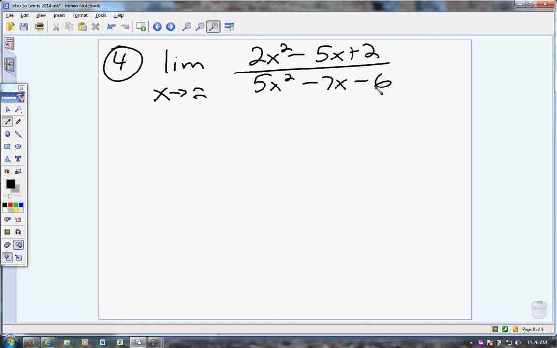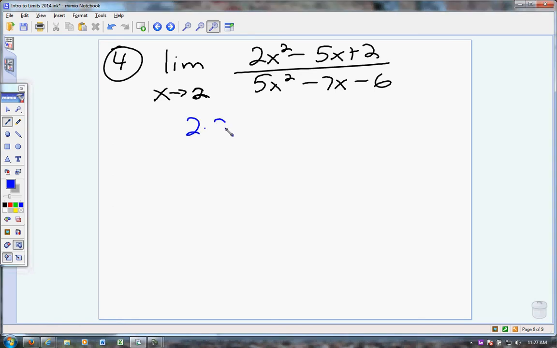And we're doing the limit as x approaches 2. Well, here's how I would approach these problems. It's not going to hurt to do substitution. If you do substitution, then what happens? So let's just go ahead and plug in 2 and see what happens.